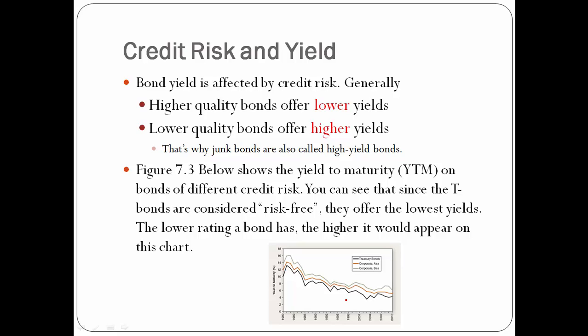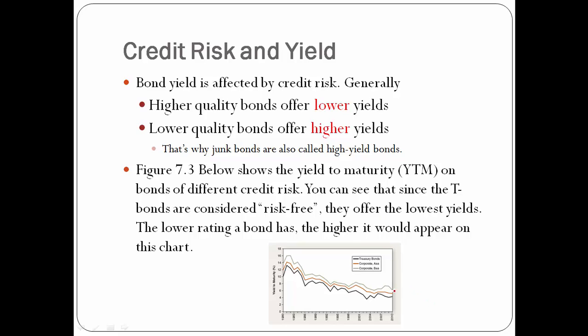And lower quality bonds, with very high credit risk, have to offer higher yields to attract investors. That's why junk bonds, remember, bonds with very high credit risk and very low ratings, are also called high yield bonds, because they have to offer pretty high yields, otherwise investors would not want to invest in them.